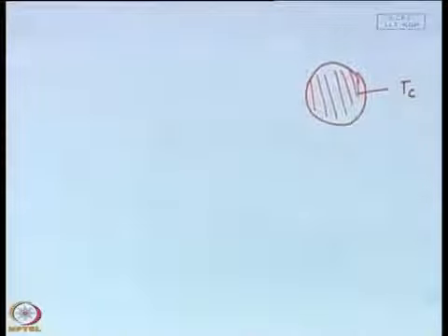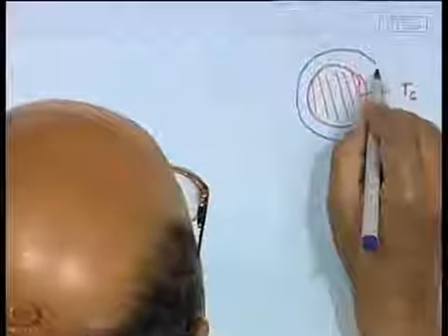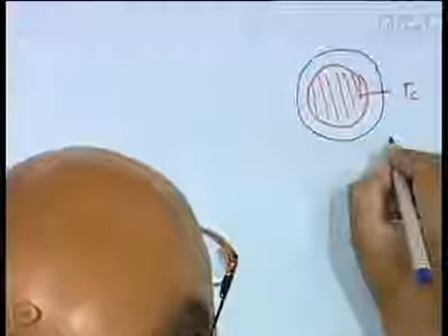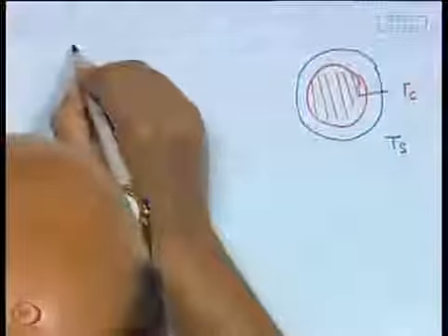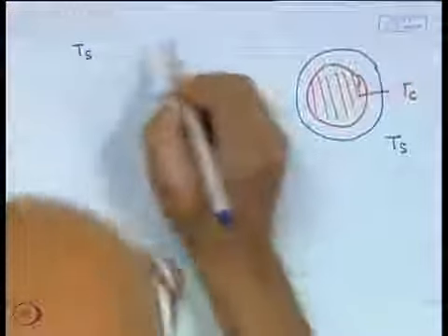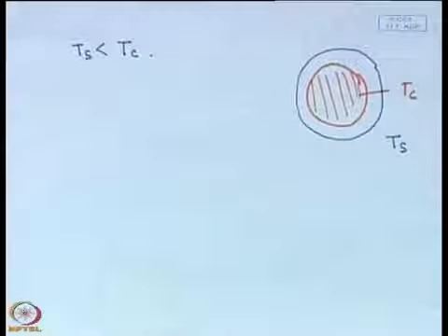This is the atmosphere of the sun, the thing outside it, a shell of gas at a temperature Ts, and Ts we have seen will be less than Tc.